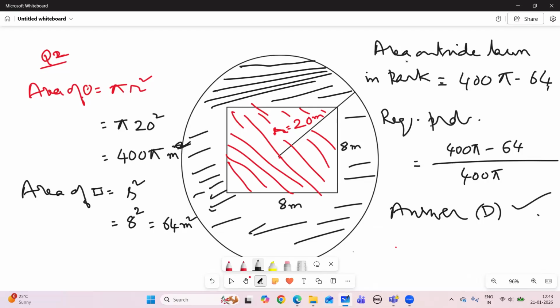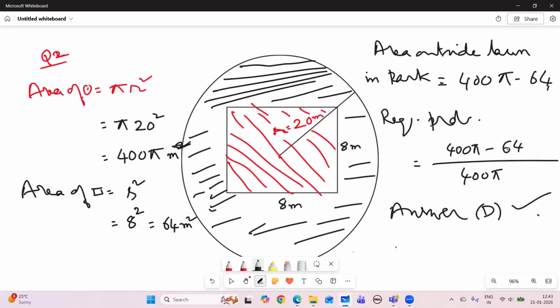Now he wants to grow the sapling in the park outside the square. So subtract the area of the square from the area of the park. Area of the park is 400 pi, and subtract the area of the square, that is 64.